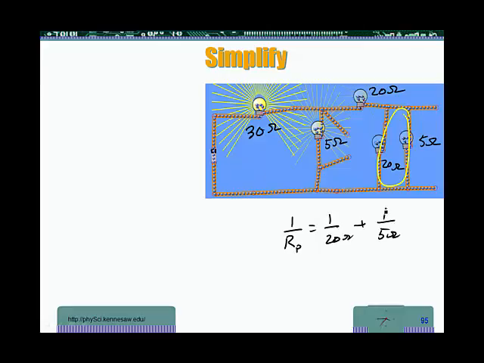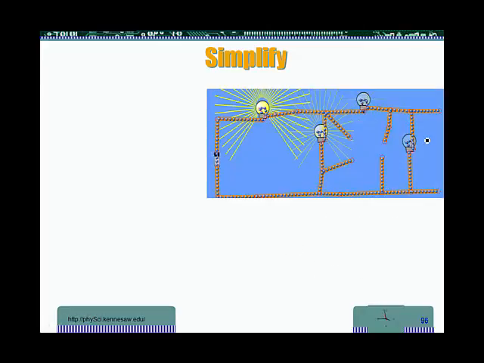So this is going to be 5 over 20, so it's going to be 20 over 5. So R parallel is 4 ohms. So that's the only simple thing that we can do right now. So I'm going to replace these two by 4 ohms. Remember, this is 20 ohms, and this is 5 ohms, and that's 30 ohms.